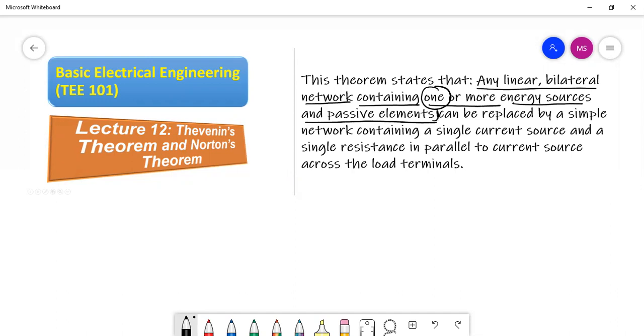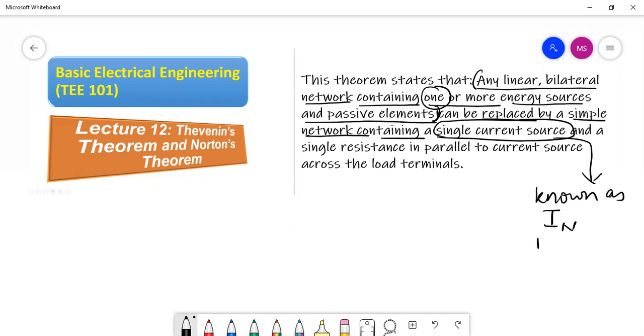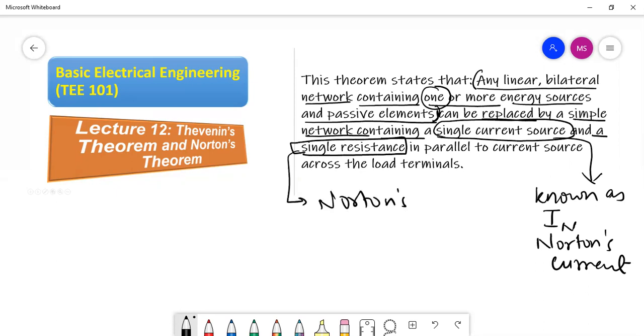Any such network can be replaced by a simple network which contains a single current source, known as IN, that is Norton's current, and a single resistance, known as Norton's resistance, represented by Rn.